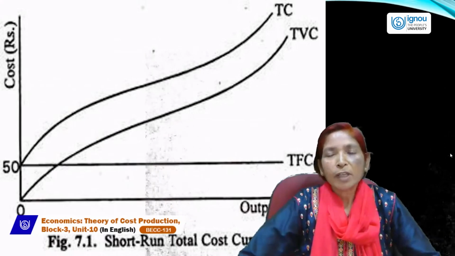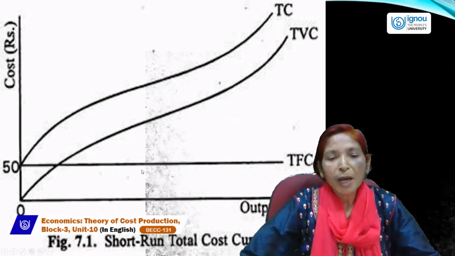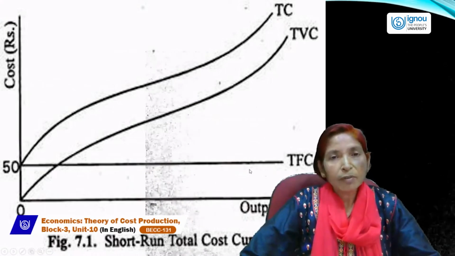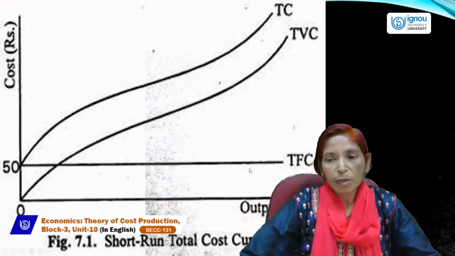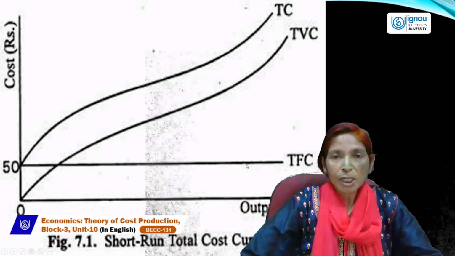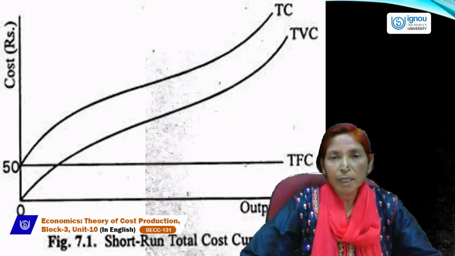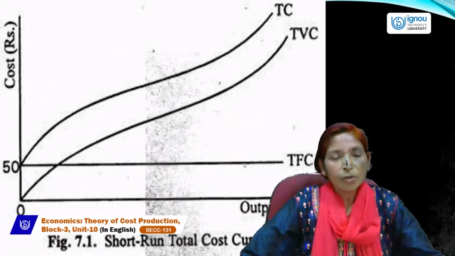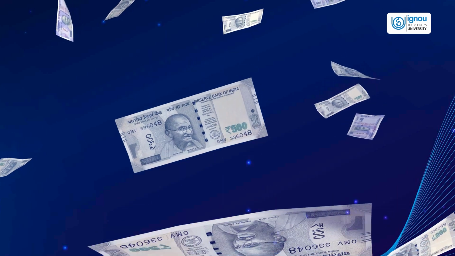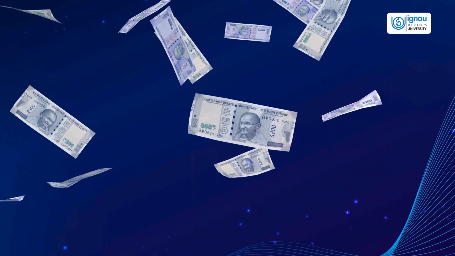That's why the fixed cost curve is always horizontal, or parallel to the x-axis. TFC will not start from the origin because TFC can't be zero. If you purchase a building or machines, equipment, it means you have spent money. It means cost can't be zero at that time. That's why total fixed cost can't be zero.